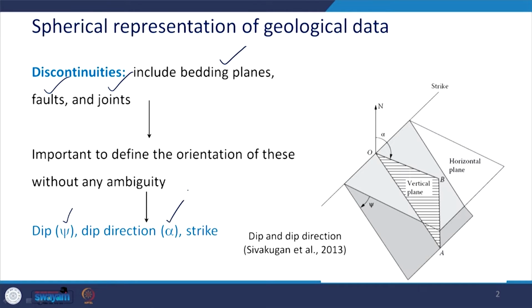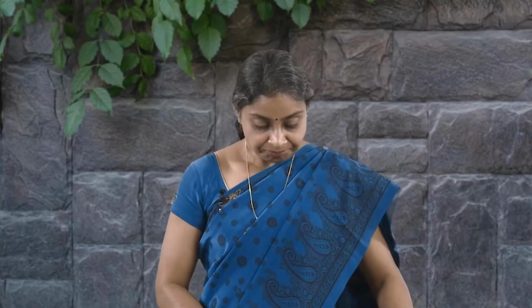Take a look at this figure. This is a plane which is dipping. That means this is a plane which is representing maybe either the bedding plane or the rock slope or any faults or joints, any plane which we want to represent as the geotechnical data.